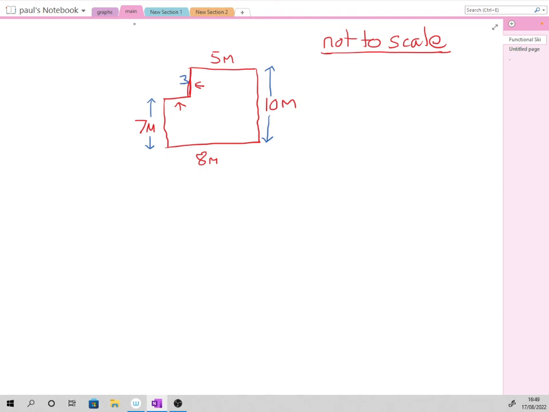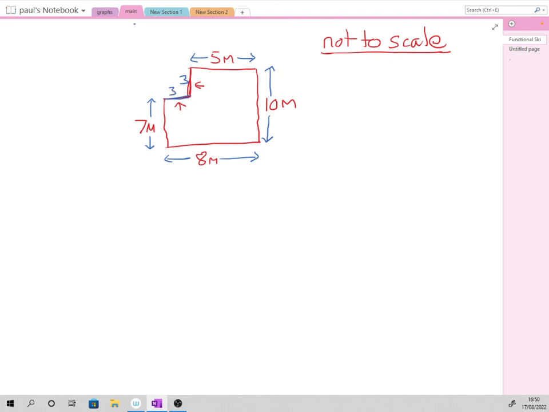Therefore that has got to be 3. And the same can be said for this one. Now, if there to there is 5 and there to there is 8, then this bit here must be the difference between 8 and 5, which is again 3.